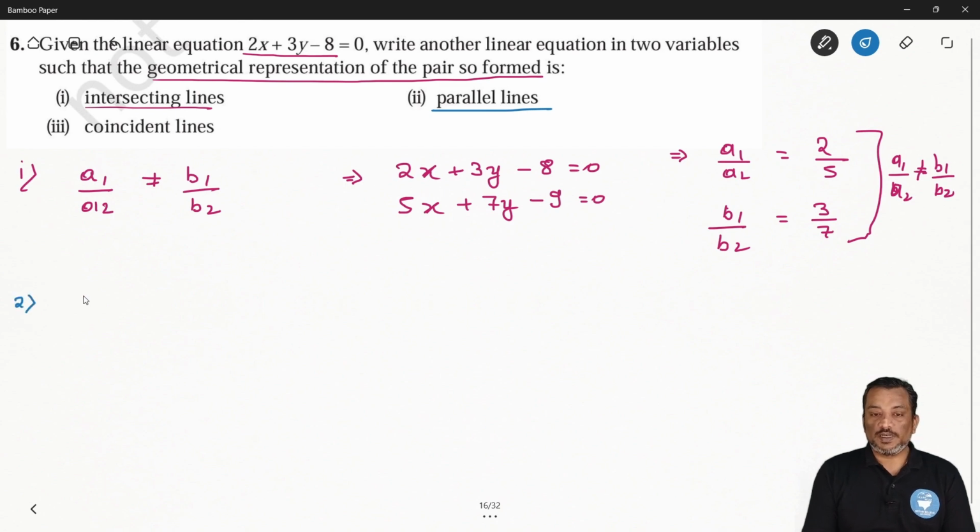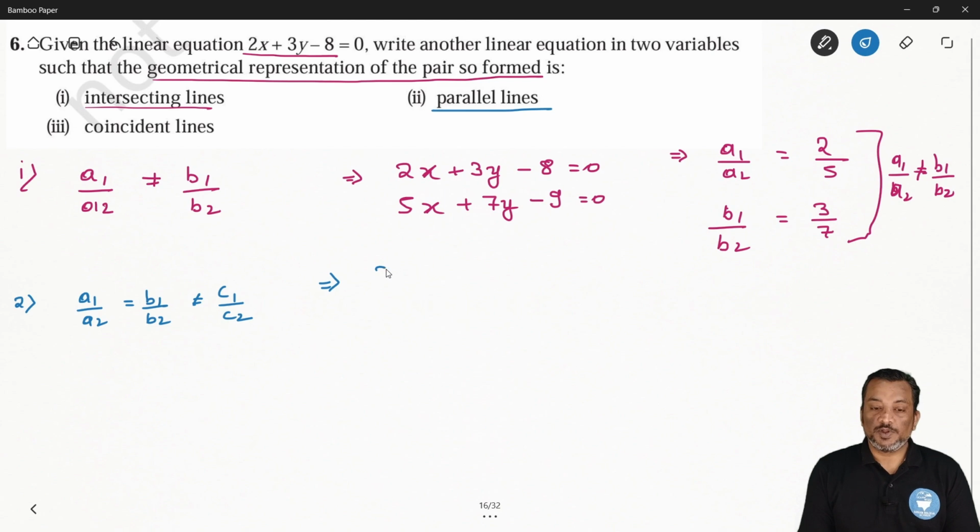Okay, so let me say how we can find parallel lines. Parallel lines basically have a1 over a2 equal to b1 over b2 and not equal to c1 over c2. One equation you have been given, 2x plus 3y minus 8 is equal to 0. The second equation we can write here, 4x plus, here we can write double, 6y minus 10 is equal to 0.